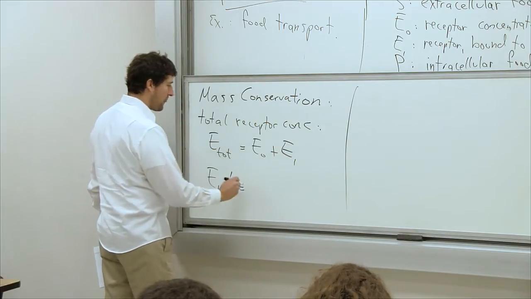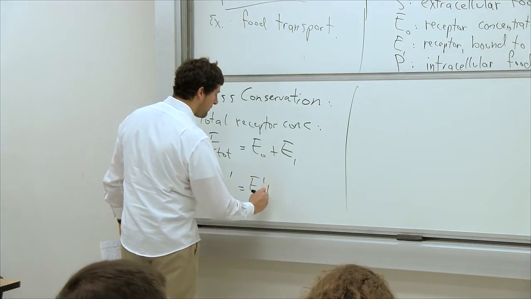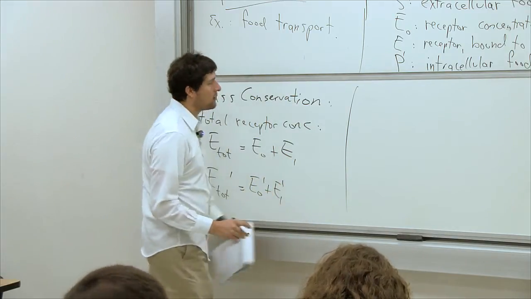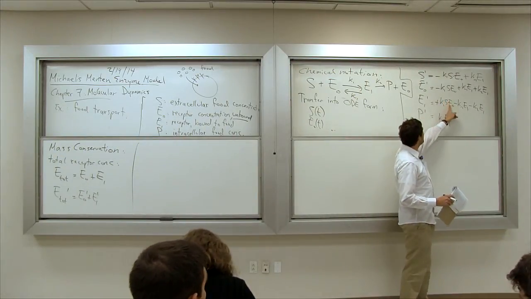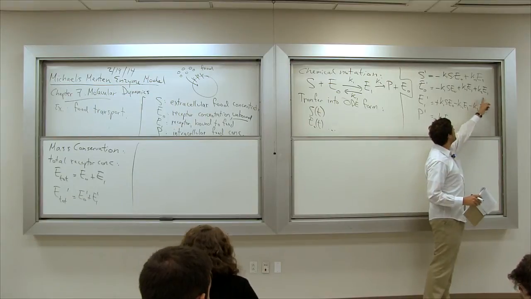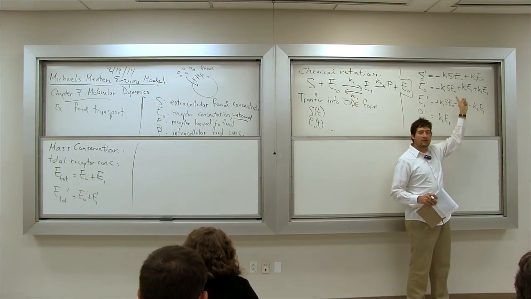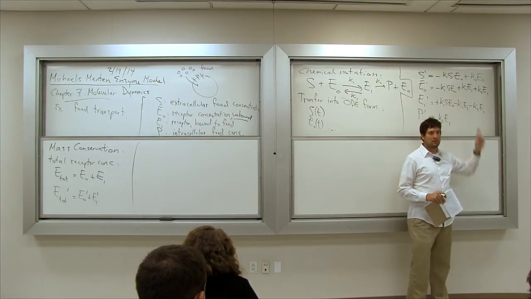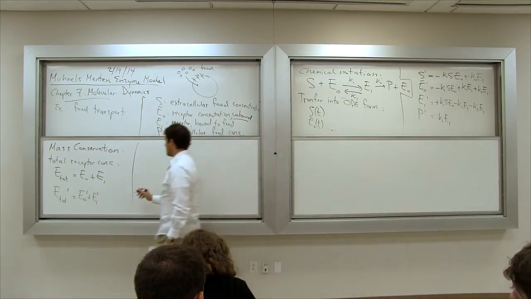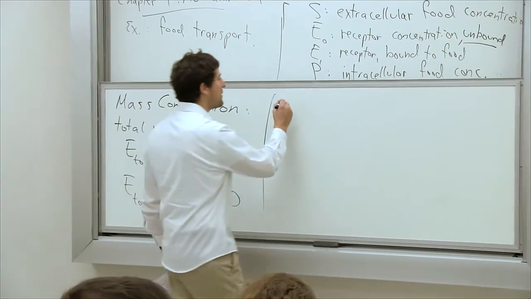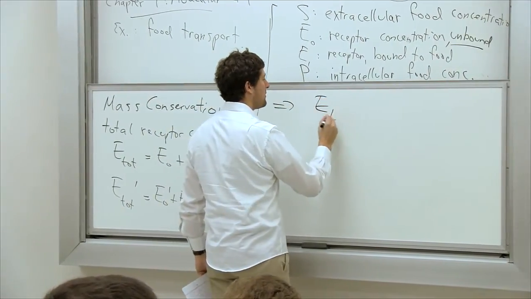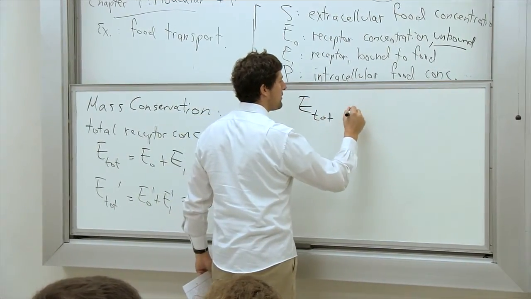So in fact, E tot prime is equal to E0 prime plus E1 prime. And look, minus, plus, plus, minus, plus, minus. It all cancels out, right? It is equal to 0. So you can think about E tot as a constant.